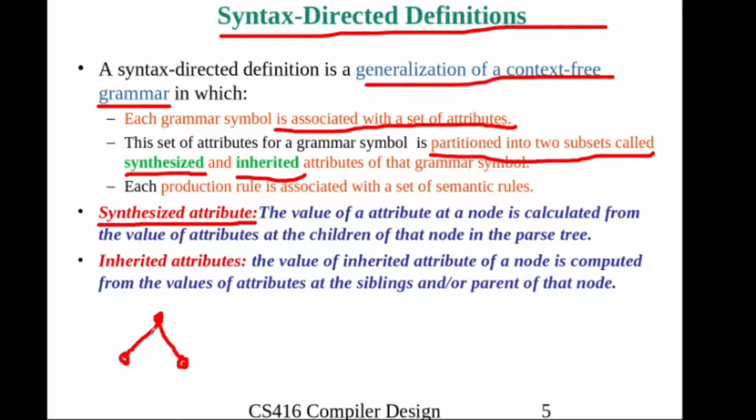For example, it has two children, child 1 and child 2, and its value is calculated by using the attribute values of these two nodes, which are the children of this node. Such attributes are called synthesized attributes.